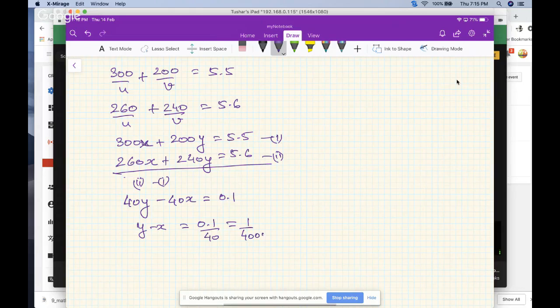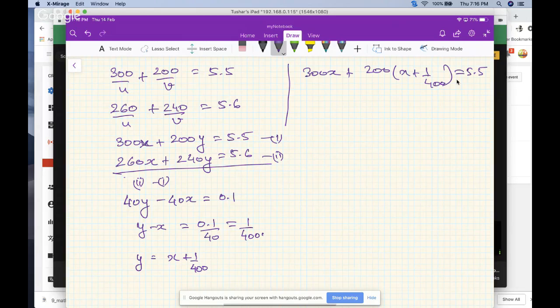Right? Y minus x. So y can be written as x plus 1 by 400. Okay, and then now you can use the first equation. So using the first equation, what can I say? 300 times x plus 200 times x plus 1 by 400 is equal to 5.5.